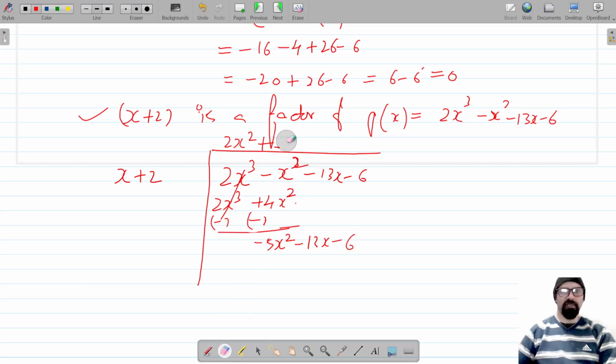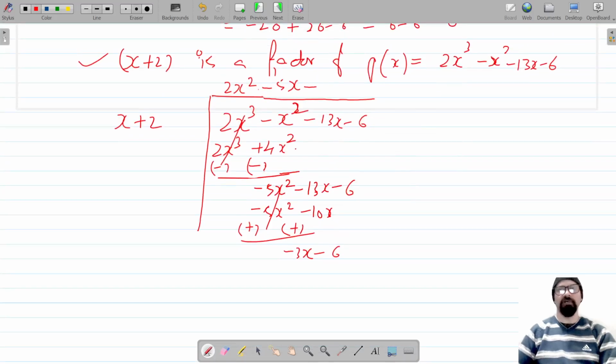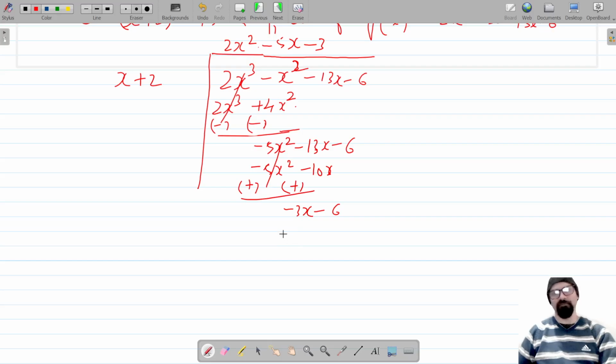So we multiply it with negative 5x, which gives negative 5x squared minus 10x. Changing the sign to subtract, this gets cancelled. Minus 13x plus 10x is negative 3x, negative 6. So I write here negative 3, which gives me negative 3x minus 6. Change the sign, this is 0.